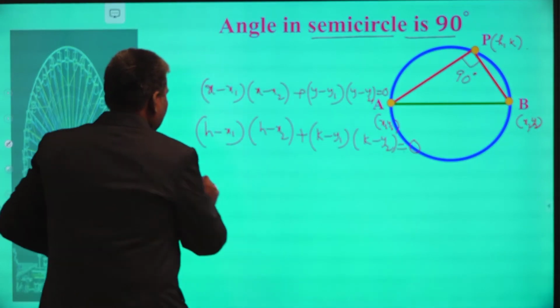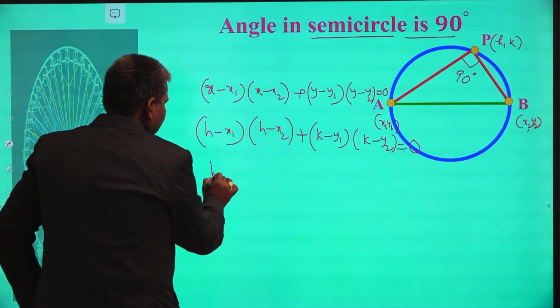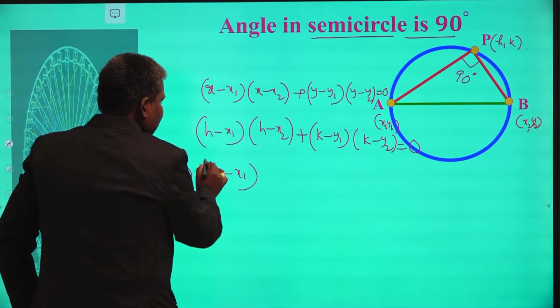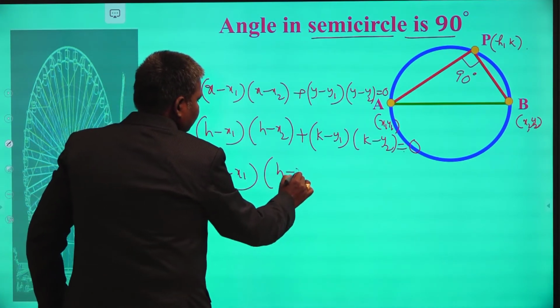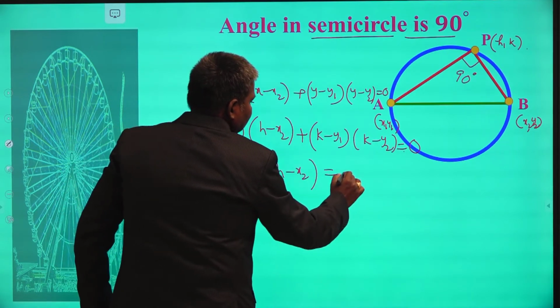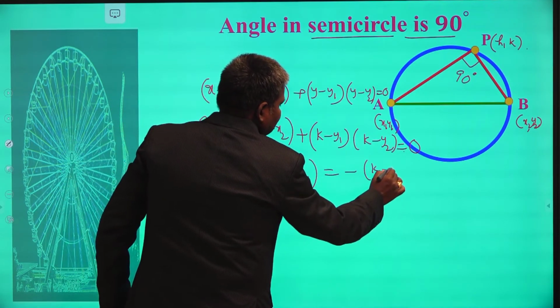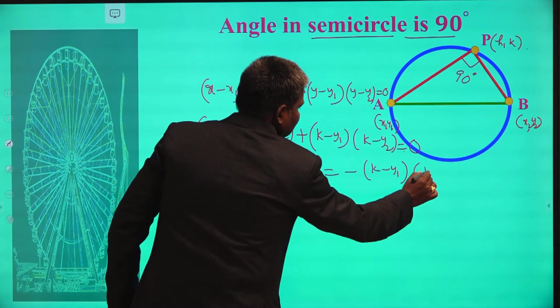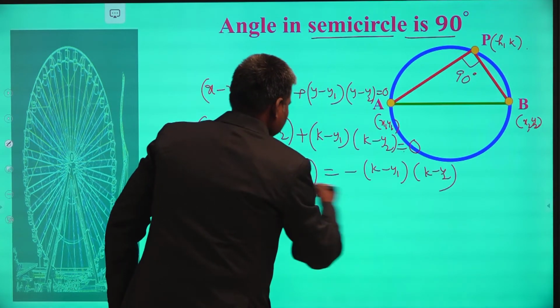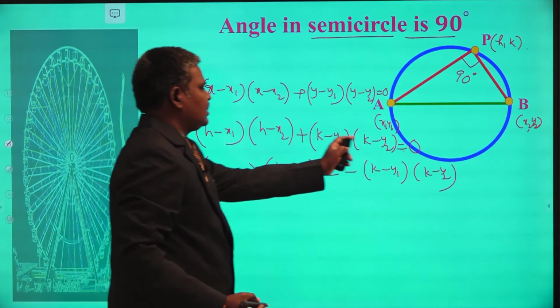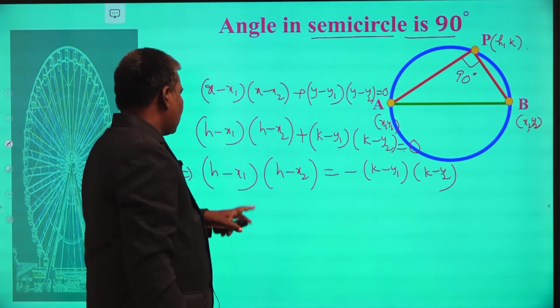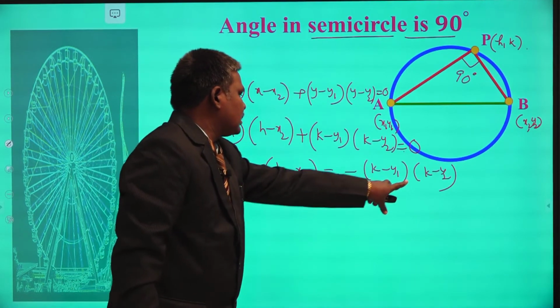From that, can I write (h - x1)(h - x2) = -(k - y1)(k - y2) or not? I just take the term to the right side.